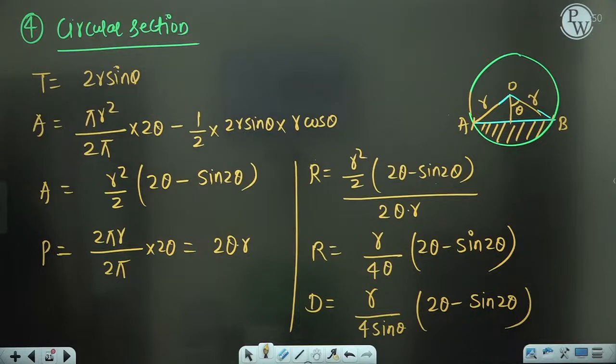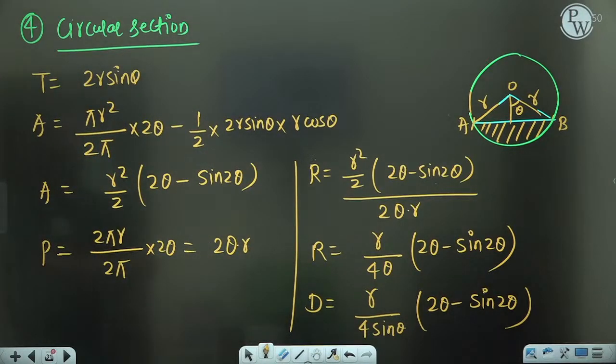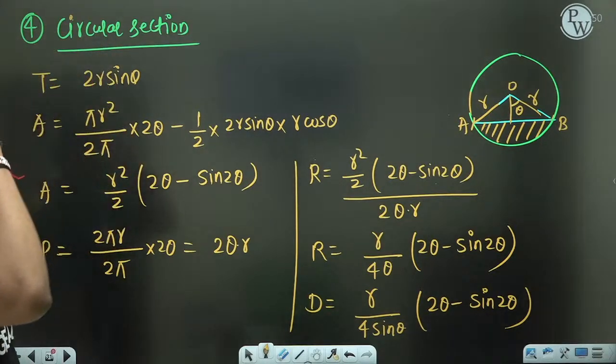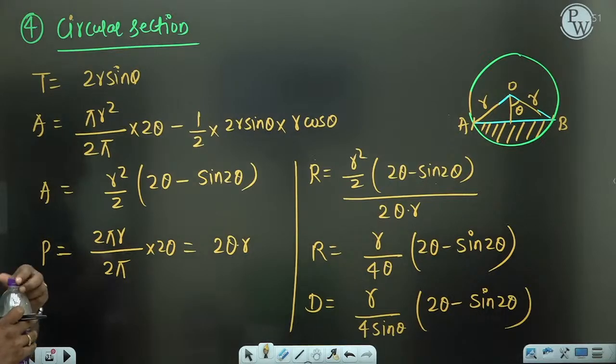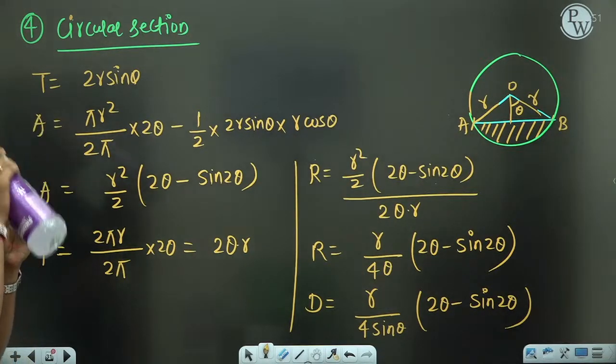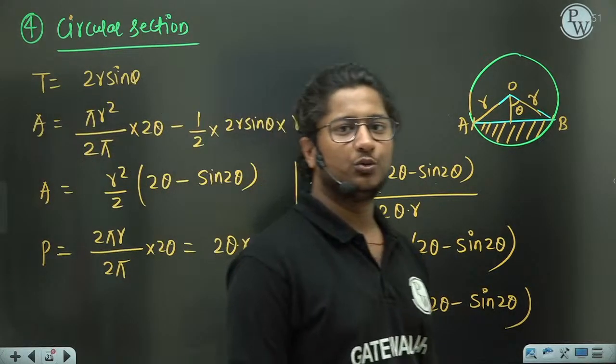For D we are getting R by 4 sine theta, 2 theta minus sine 2 theta. I hope it is clear to all of you.